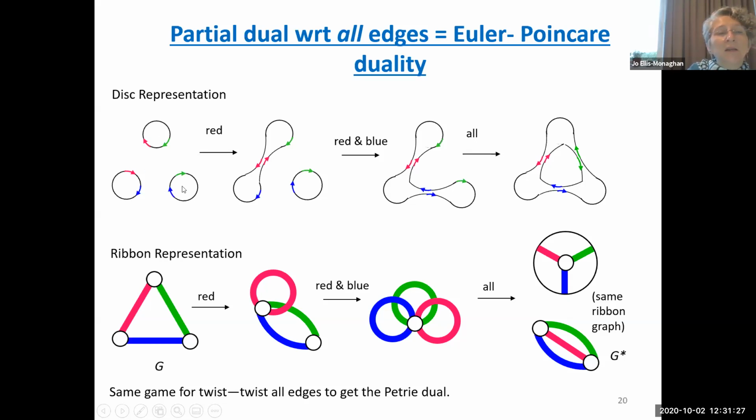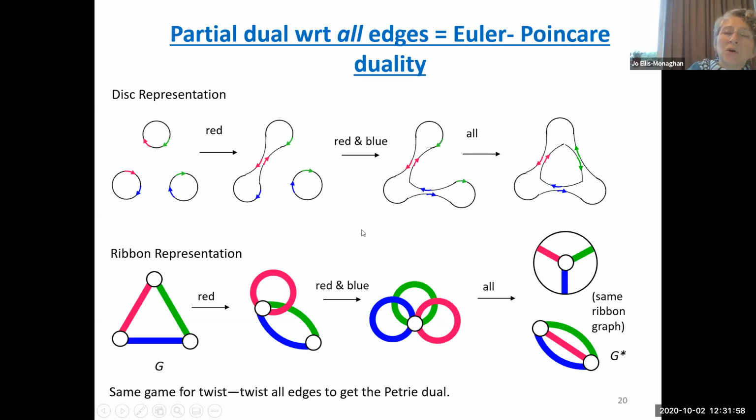Here is just a triangle, and we're first going to take the partial dual with respect to this red edge. So we merge these two vertices and put the edges on the perpendicular side. Now this is a graph with two vertices. Here they are, and if you put the ribbons in, you get these ribbons down here.